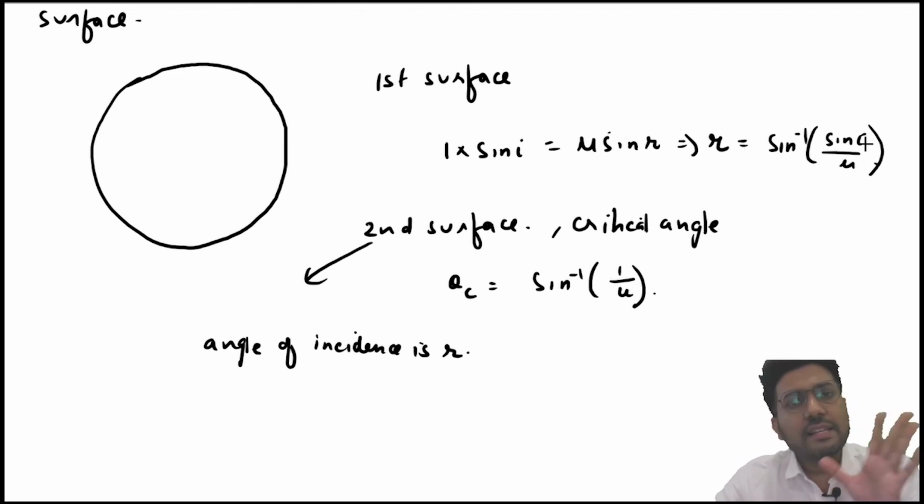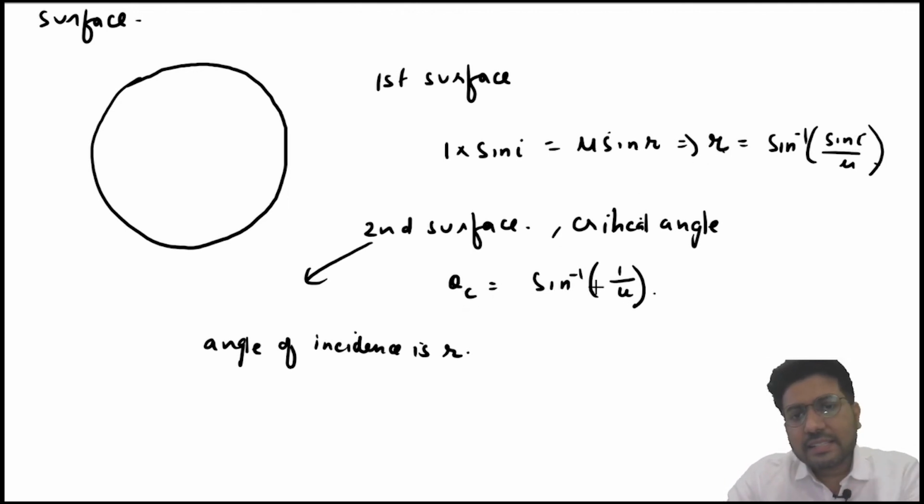Sine I is less than 1. So if sine I is less than 1, clearly from here you can see that theta c is sine inverse 1 by mu and R is sine inverse sine I by mu. Sine I is less than 1. That means this R is less than sine inverse 1 by mu. So that means R is less than theta c. So clearly you can see that R is less than theta c, right?